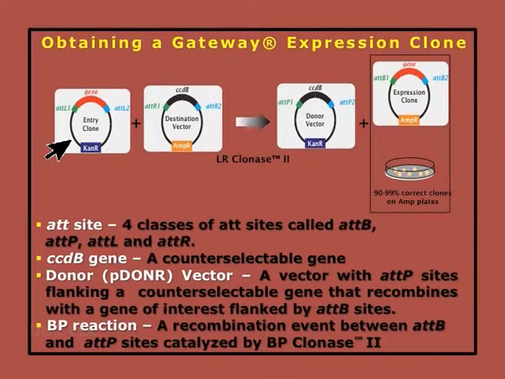You can see here it comprises an entry vector and a destination vector, and reactions called the LR reaction and the BP reaction, wherein the att sites present within the bacteriophage genomes as well as in the host genomes are utilized for switching a gene from one vector to another and for expressing it according to our needs.